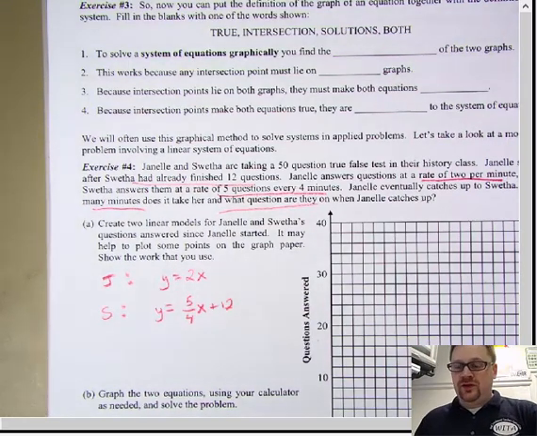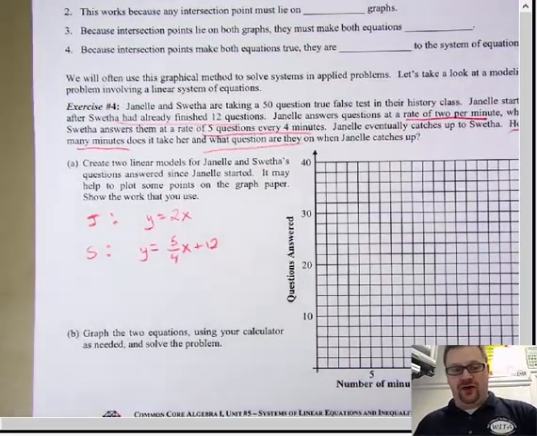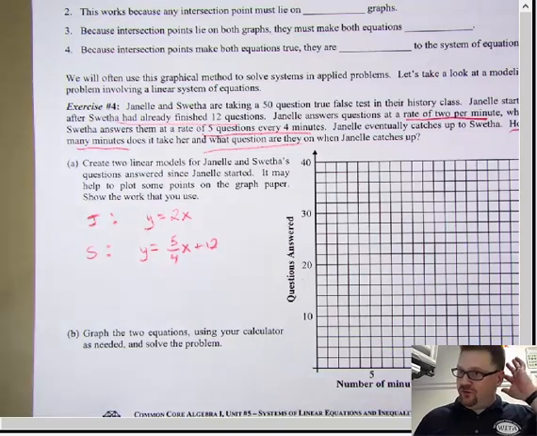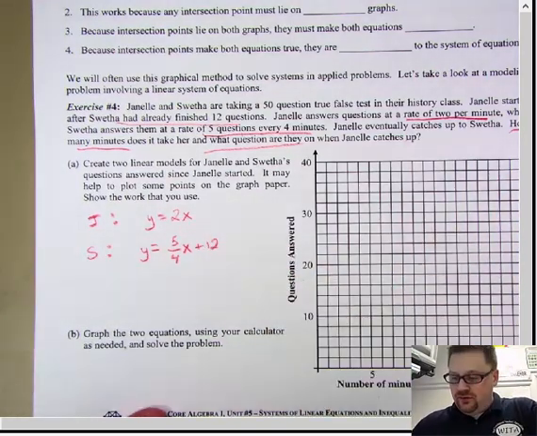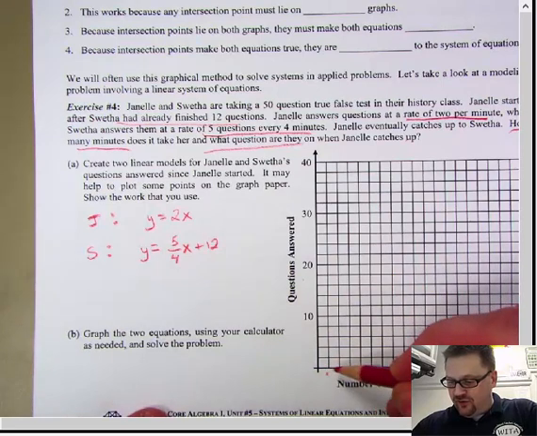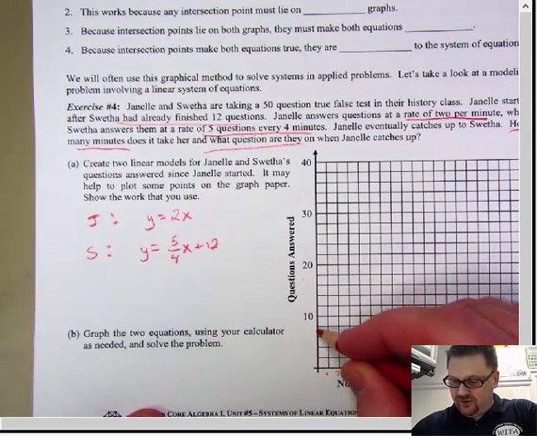Now you could put these two equations in your calculator to get some of the points. That's actually not a bad idea, so if you get out your graphing calculator or use Desmos if you would like to. Y equals 2x, I'm going to graph first. I do notice that this goes by ones, and this goes by 2, 4, 6, 8, twos.